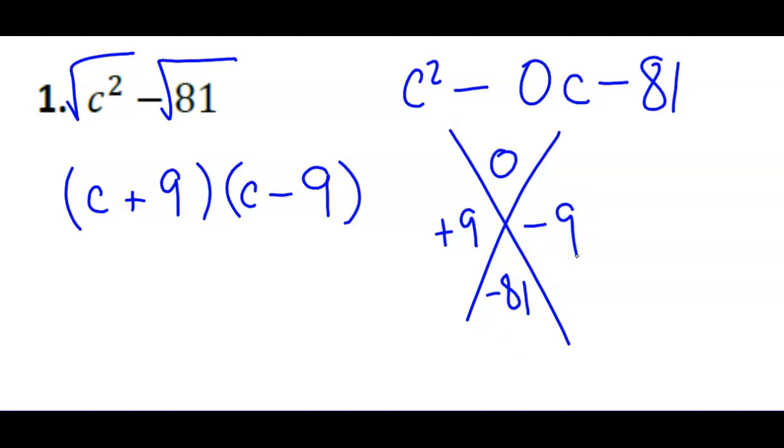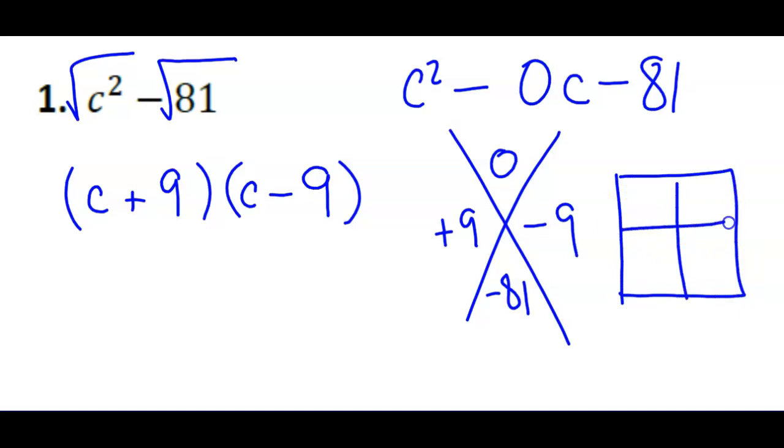Okay? Now, you don't have to do this part and the box if you know the rule and you can see that this is a perfect square and this is a perfect square. You could just skip right to the rule. If you don't understand the rule and you'd rather do the box and diamond, then you want to make sure that you put that 0C in there.